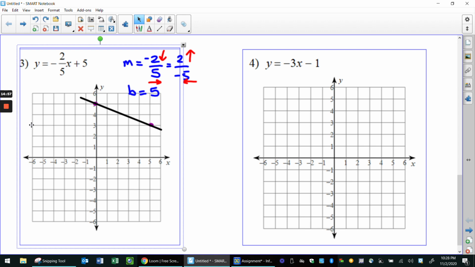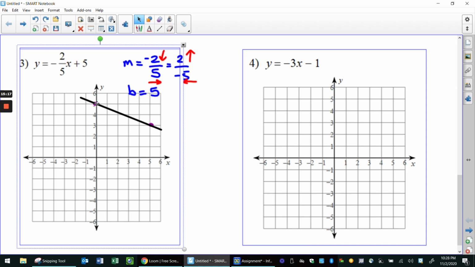Okay, so this problem here, we recognize that the slope is negative 2 over 5, so I wrote it as negative 2 over 5 or 2 over negative 5. And of course, the arrows are showing my movements, and the y-intercept is 5, so that's where I begin.